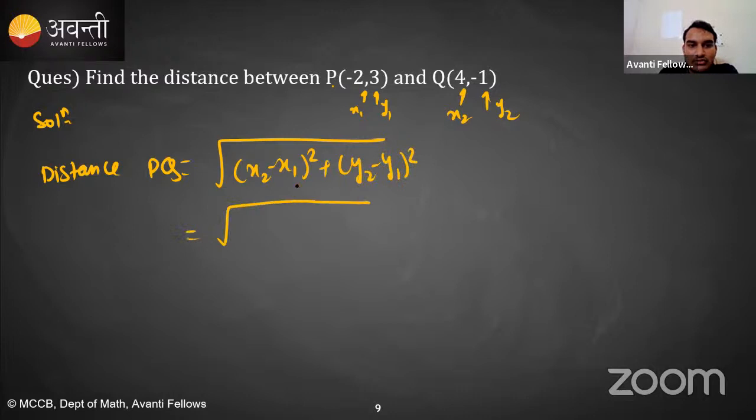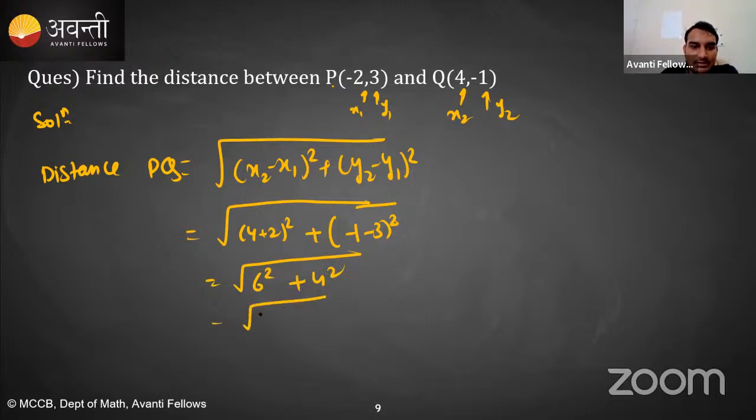So it becomes x2 minus x1 whole square, which means 4 plus 2, plus y2 minus y1, which is 1 minus 3, whole square. Yes or no? So it is nothing but 6 square plus 4 square, so this is 36 plus 16, which is under root 52, right? So this is the distance between PQ.